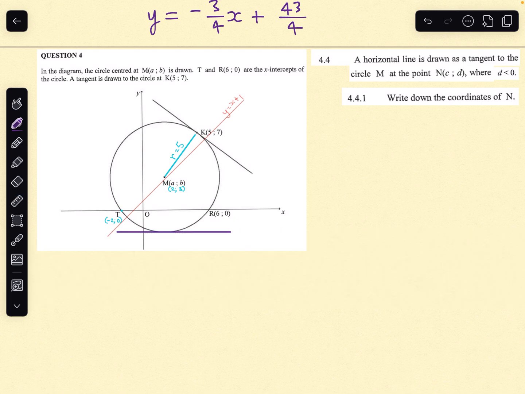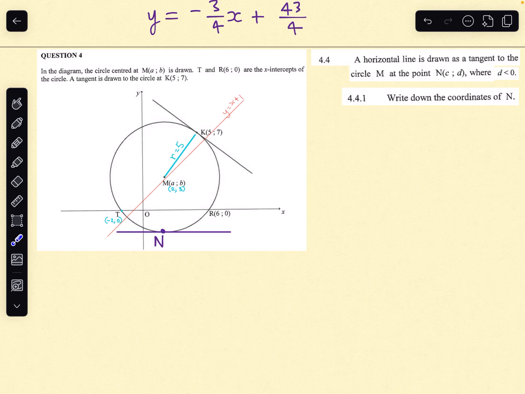Right. So this here is our point N. And we are asked to write down the coordinates of N. So this we can just do by inspection, right? So we know that the tangent is perpendicular to the radius that is connecting this point of contact with the center.